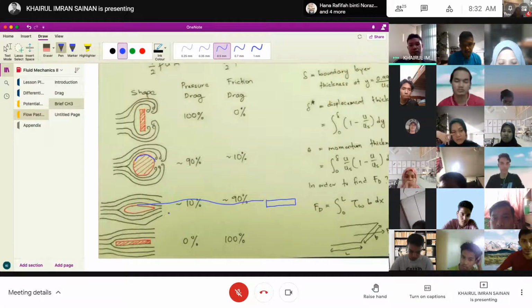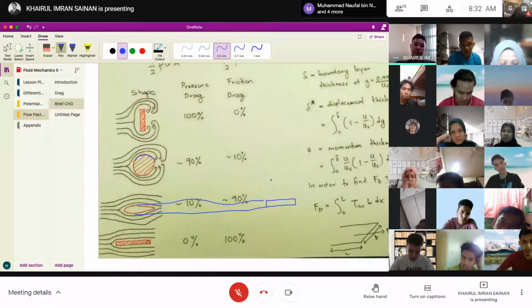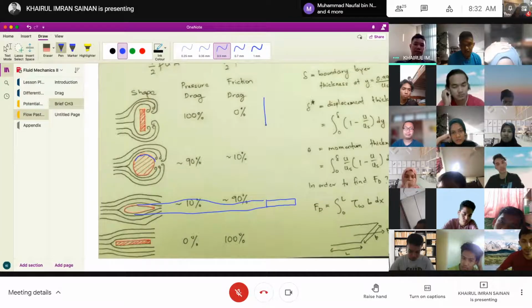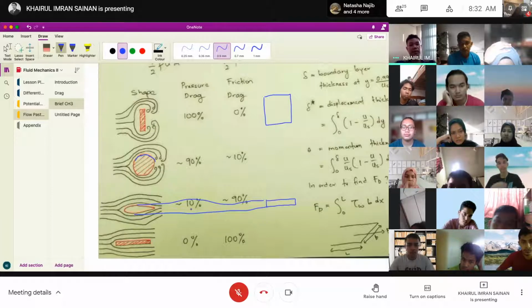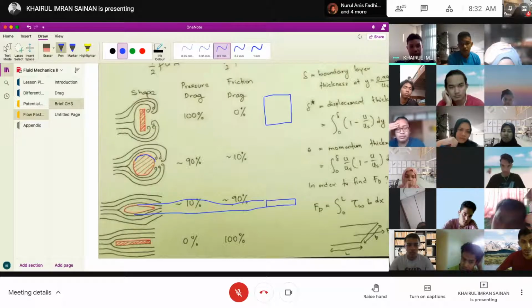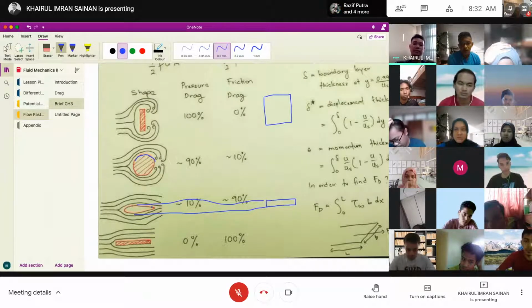Let's say this is continuous, it's actually smaller compared to this one, which is large, right? So pressure drag is reduced to 10%, but 90% friction drag.